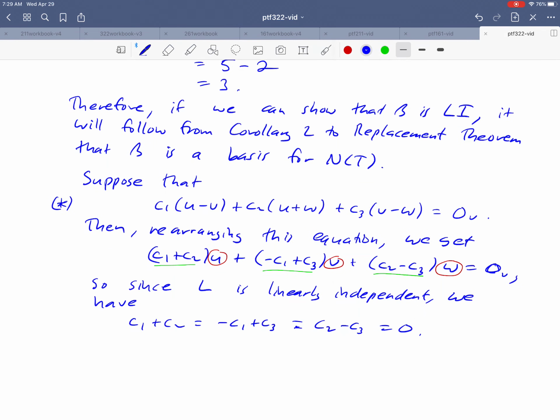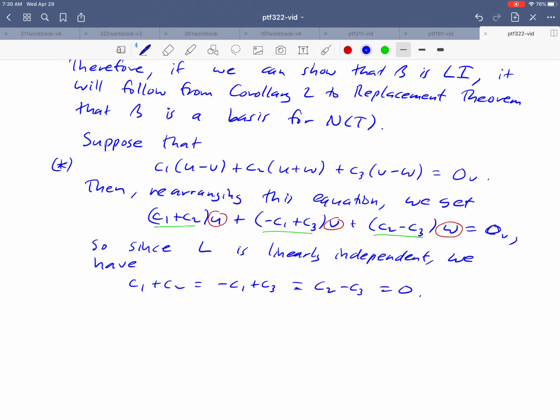We're really talking about a system of 3 equations and 3 unknowns, and if we solve that system for C1, C2, and C3, you can probably guess what's going to happen. We're going to get 0 for all 3 of those constants. You could do this in a number of ways. You could put this into a matrix and use row operations, or I noticed that if you add these equations together, nice things happen.